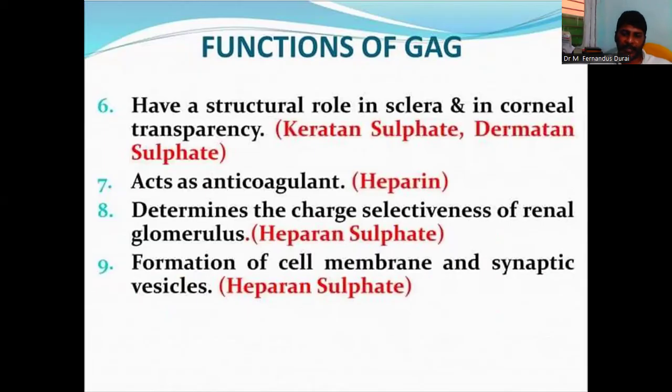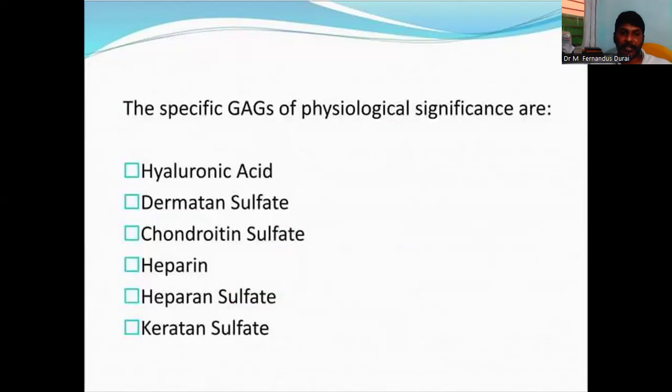The mucopolysaccharide that acts as an anticoagulant is mainly heparin. Heparan sulfate determines the charge selectiveness of the renal glomerulus, and it is also involved in the formation of cell membranes and synaptic vesicles.